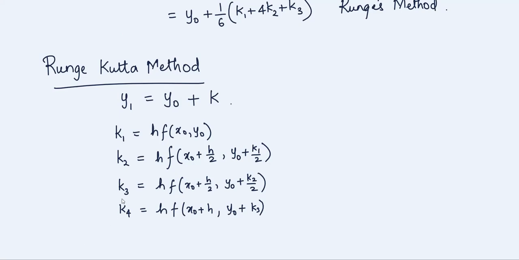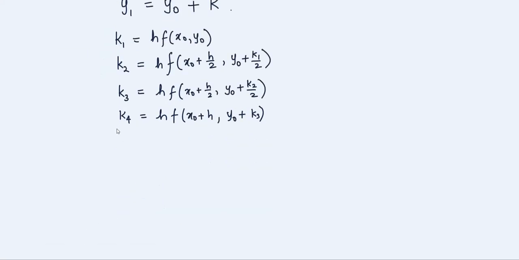So this. Now finally, k is taken as 1 by 6 times k1 plus 2k2 plus 2k3 plus k4.